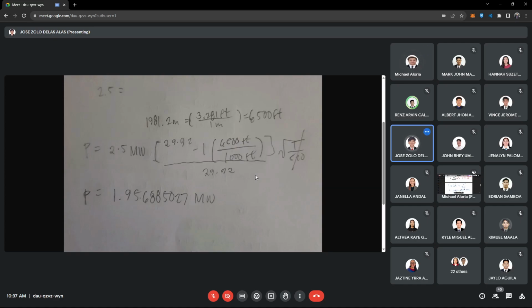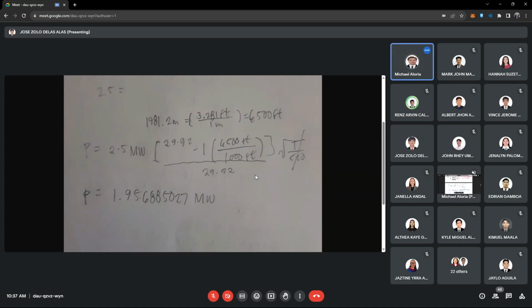Yung sa temperature naman po ay hindi na sinama. Negligible sa letter A ang change ng temperature. Kaya hindi mo na dapat ipakita yung square root of T over 520.